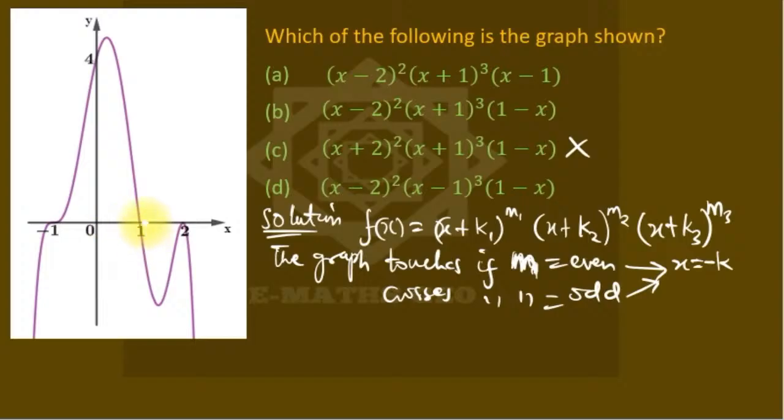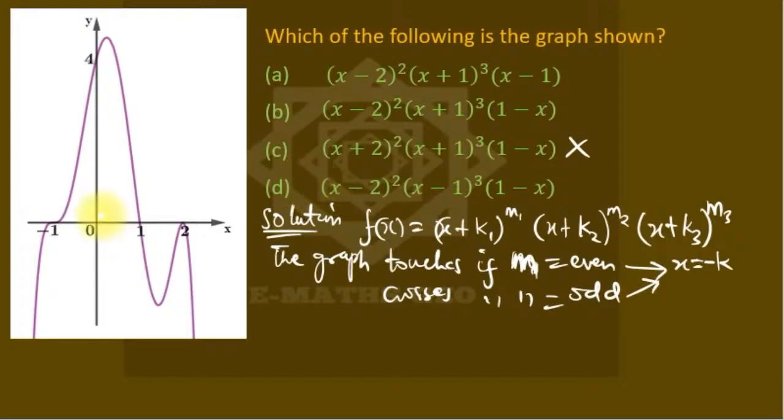And if you look at the second root, that's where it crosses, at x equal to 1. If I equate whatever is in the bracket to 0, that's how we got x equal to minus k. Making x the subject of the formula, you see that we get x equal to 1 here, and we also get 1 here, so we can use it.